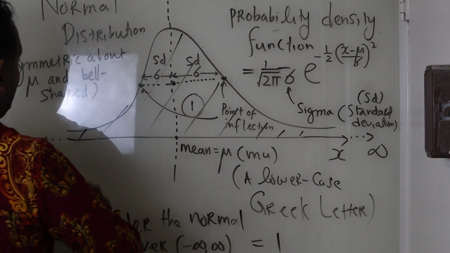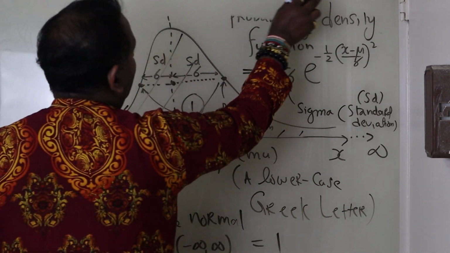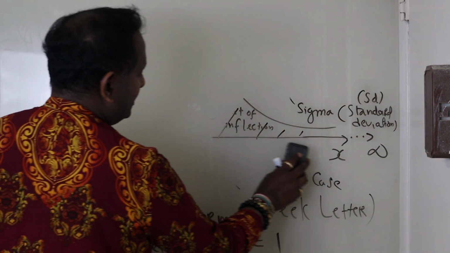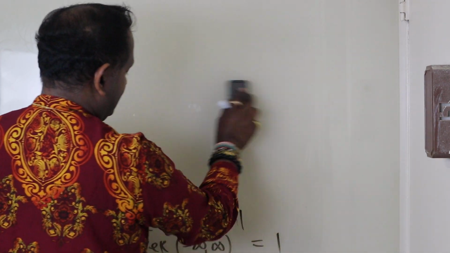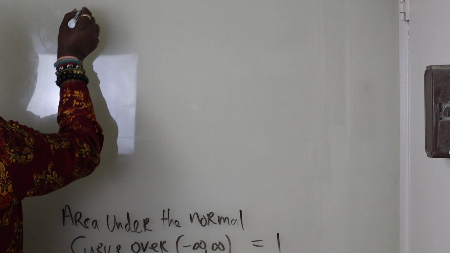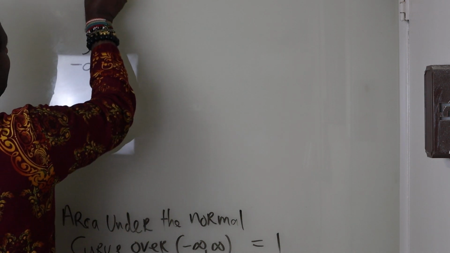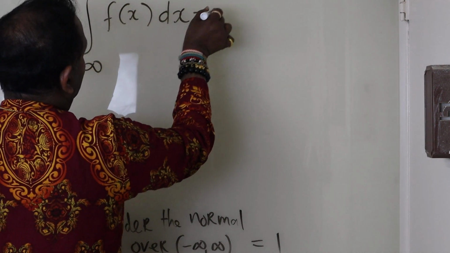Then area is nothing but the integral. It's nothing but the integral of the function. That means integral going from minus infinity to plus infinity f of x dx, which is 1.